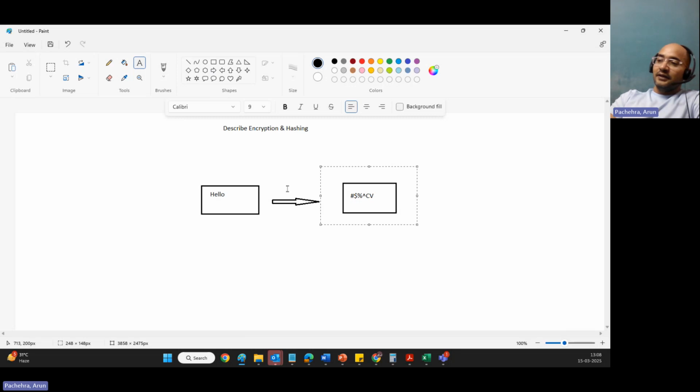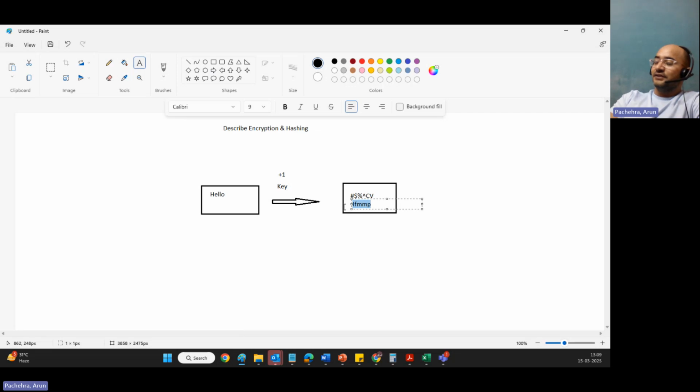How? With the help of a key. For example, let's do +1. So if it is H, whatever the next letter of H is, A, B, C, D, E, F, G, H, I. Similarly, E, F, F, L, K will become this.